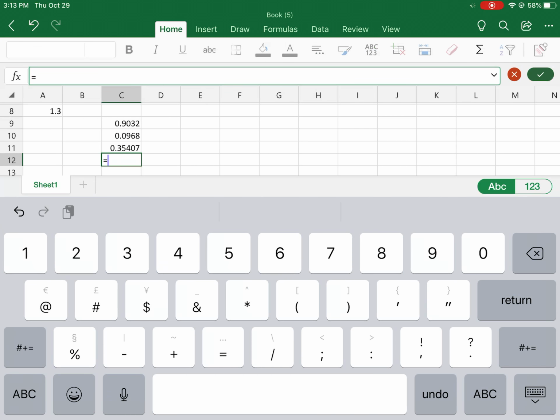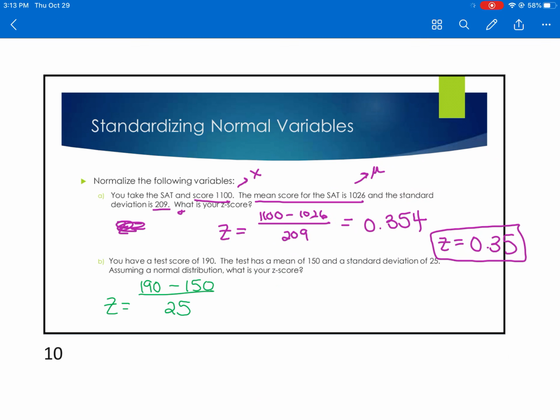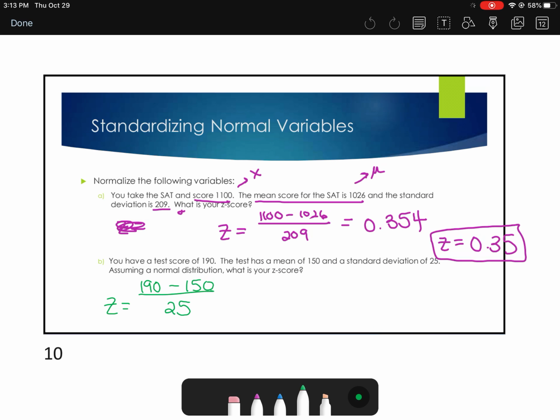If I plug that into my Excel, again, make sure you use those parentheses, 190 minus 150 divided by 25, and I get 1.6. Since they want 2 decimals, I'm going to write it as 1.60.